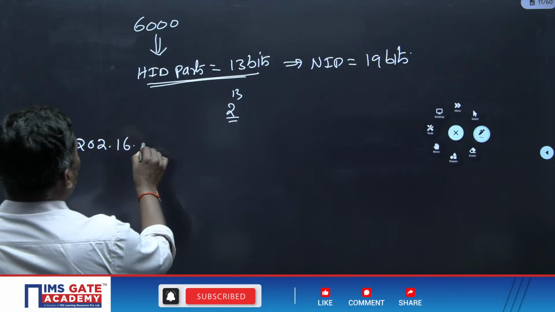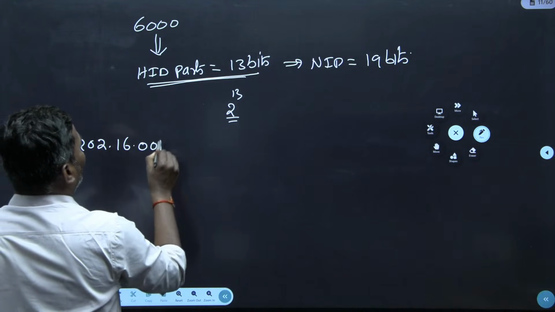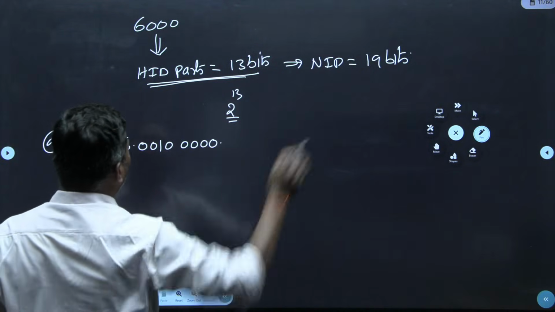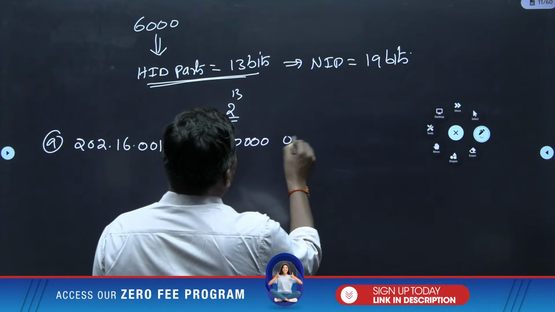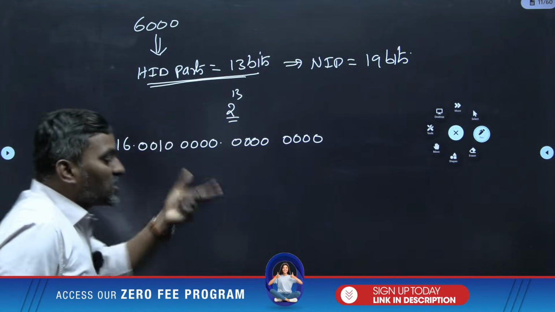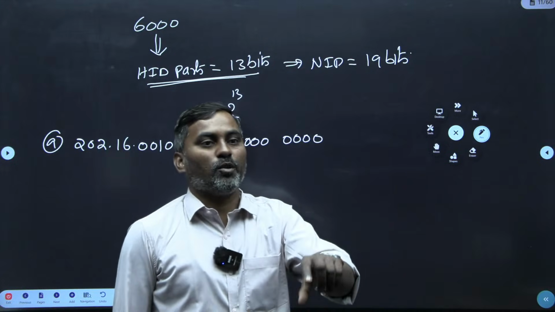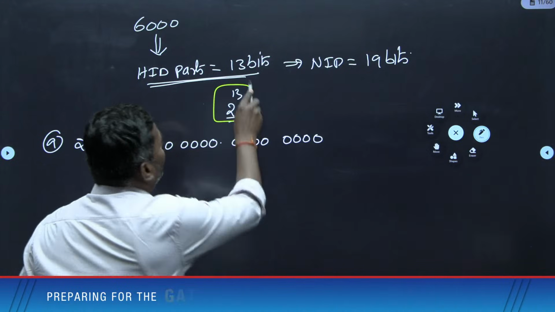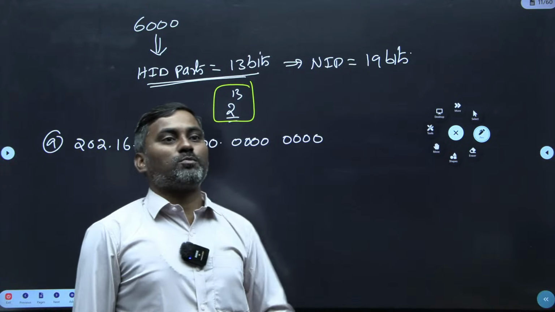202.16.32. How to write 32? 128, 64, 32, 16, 8, 4, 2, 1, and then the dot with all 8 bits after it. If I want to give this IP address to one CIDR block, it must be divisible by the total size of the block, which is 2 power 13. To be divisible, the least 13 bits must be zeros.